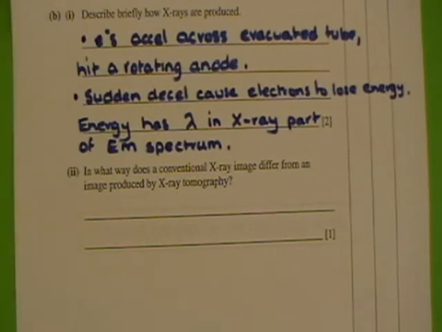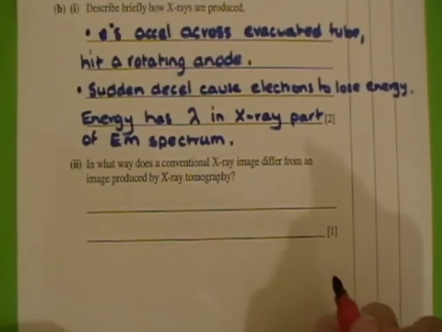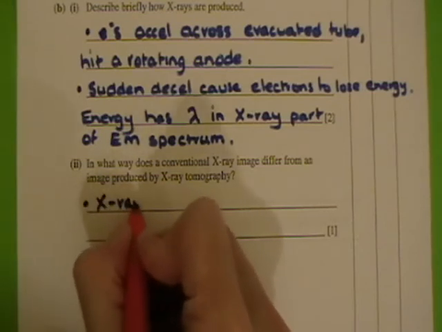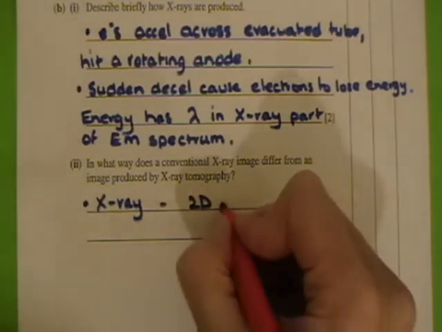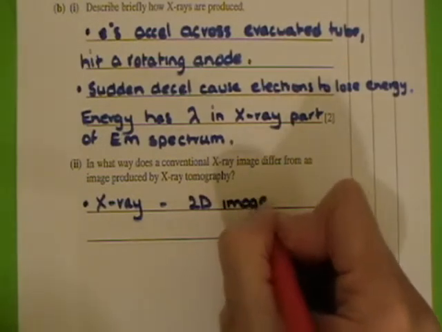In what way does a conventional X-ray image differ from the image produced by X-ray tomography? And just what is it? If you were to look at the two of them, what would you see? So with a traditional X-ray, you would just see a 2D image on photographic film.